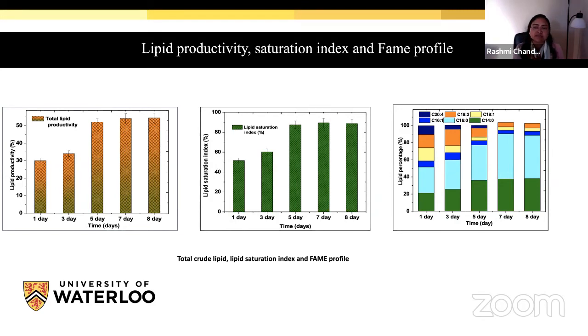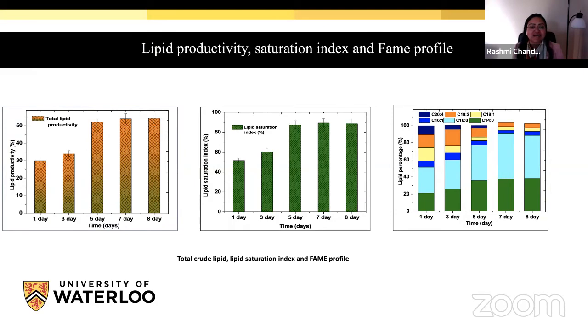And when we did the lipid profiling of these diatoms, they are mostly C16 and C14. It means their composition is very similar to the diesel we are using. So this was interesting for us, and we're still working on it. But let's see when this lockdown will finish.